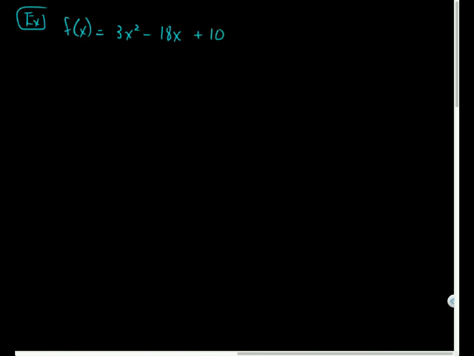All right, so step 1, I'll factor a out of the first two terms. So f of x equals 3 parentheses x squared, 3 out of 18 is 6, blank, plus 10, blank, right?